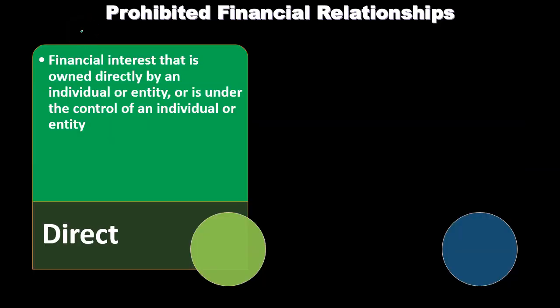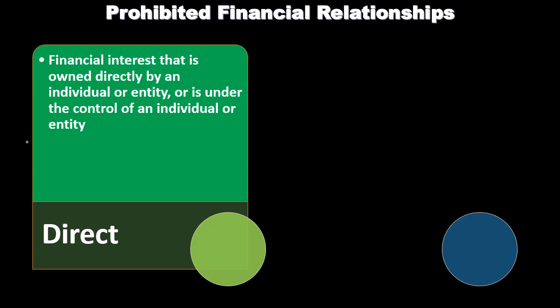Now we'll consider the prohibited financial relationships. We want to think about the financial relationships that would compromise independence. We have the direct financial interest, which is owned directly by an individual or entity or is under the control of an individual or entity.